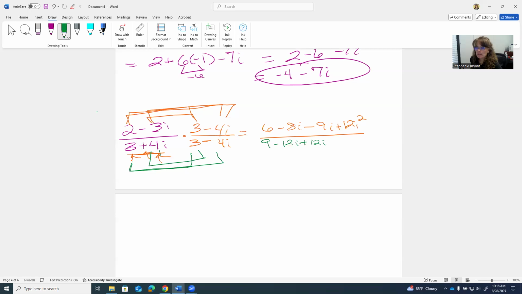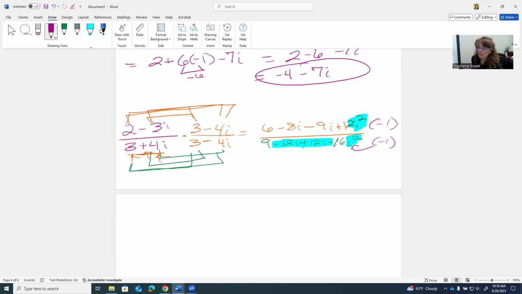And then last, positive 4i times a negative 4i is a negative 16i squared. What do I notice? I notice in the denominator, the middle goes away. Negative 12i plus 12i is just 0. Also notice I got an i squared here and here, so I can rewrite those times the negative 1.